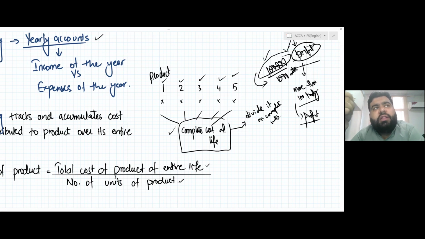Maybe if today the cost is 300 or 250 per unit, over the life, it will get lower than 100. Like it will be 50 per unit, 30 per unit. That's why the average is 100. Because at the start, the cost was so high, and afterwards, the cost was so low. The average of both higher and lower cost over the life is 100.